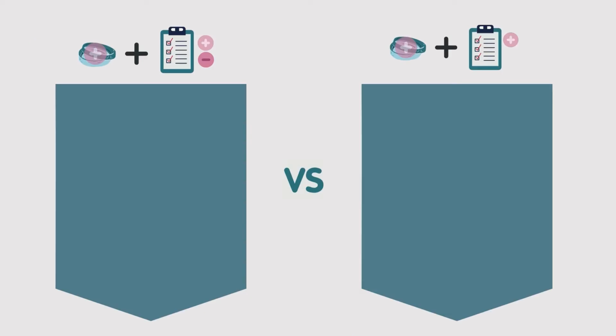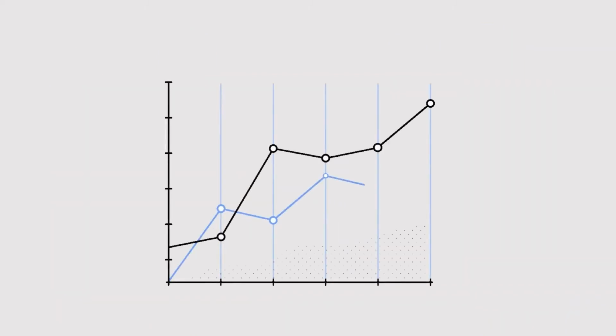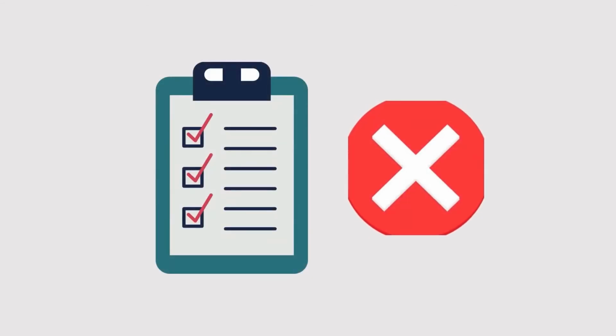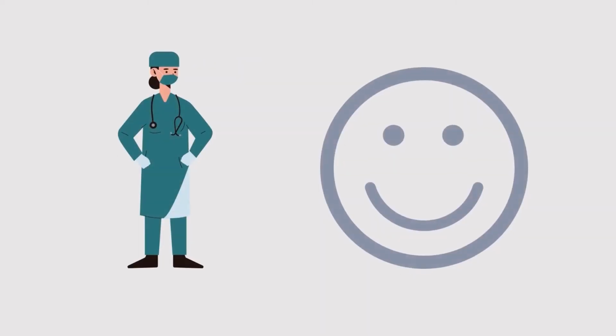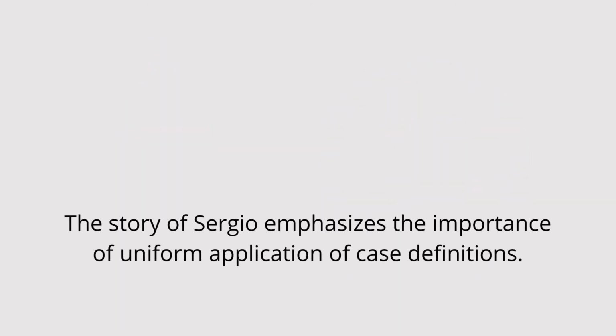Hence, patients who did not have symptoms had been included in Sergio's rate of infection, making it appear high. The high rates of infection were deemed the result of surveillance error, not of poor operative technique. Sergio did not abandon his practice and continued performing his procedures with great skill. The story of Sergio emphasizes the importance of uniform application of case definitions.